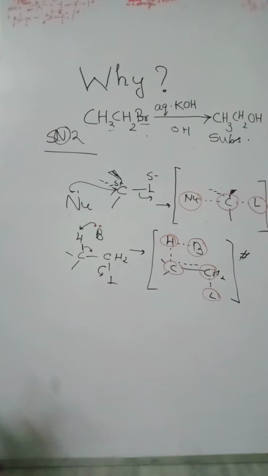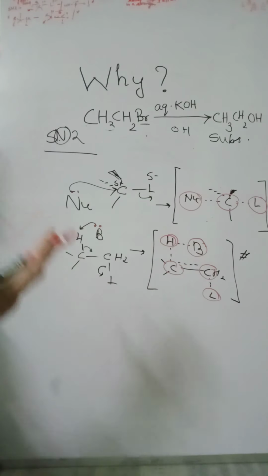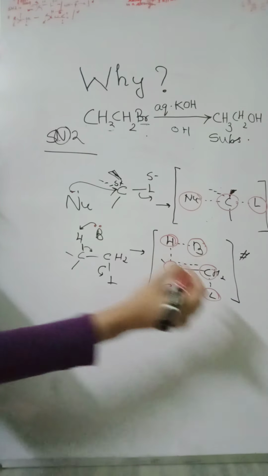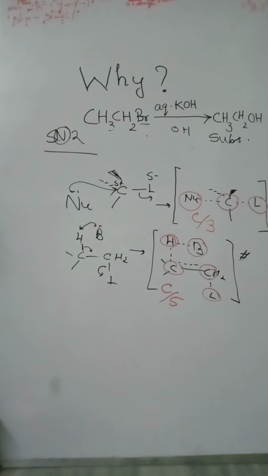Now, if 2 is getting distributed among 3 and here 2 is getting distributed among 5, we can say the charge density over here is less. The charge density here should be C by 5. The charge density here should be C by 3.